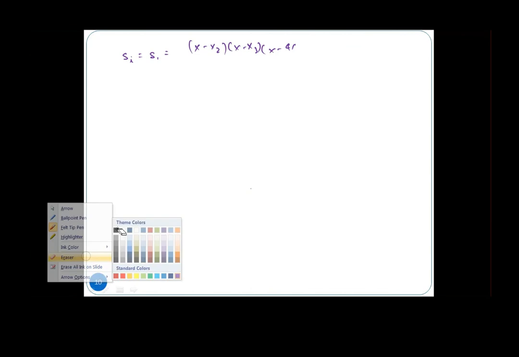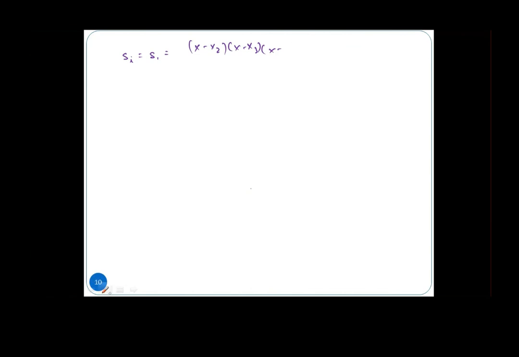We have Si, we go to S1, then we have x minus x2, x minus x3, x minus x4, where we omit the x minus x1.